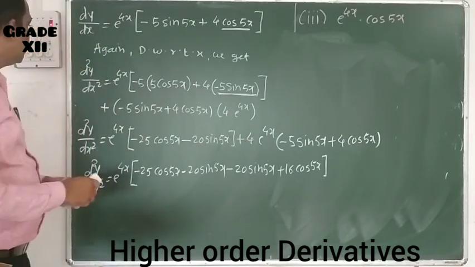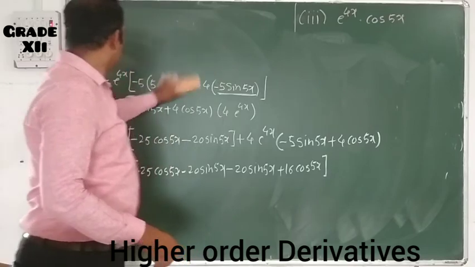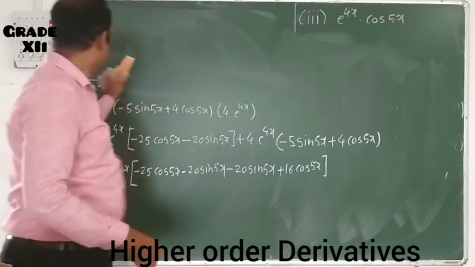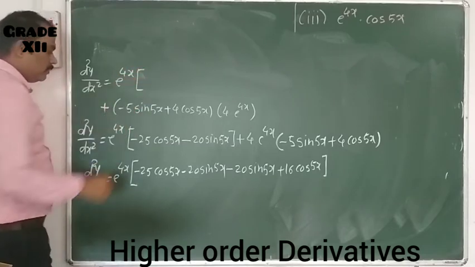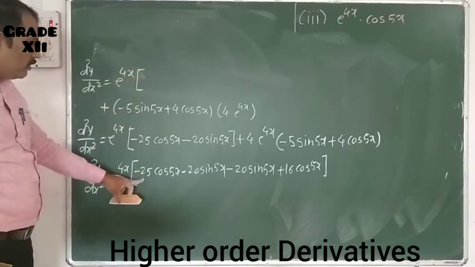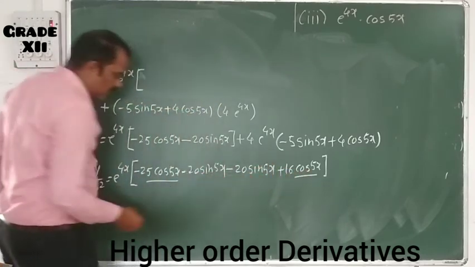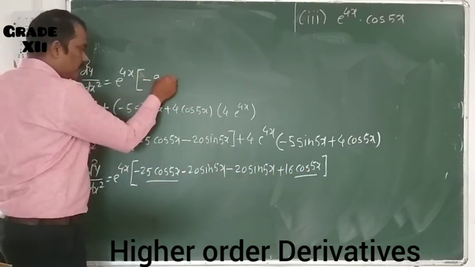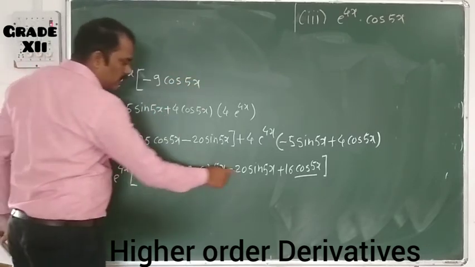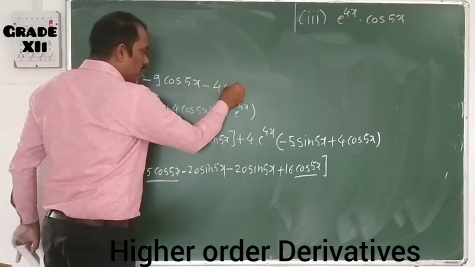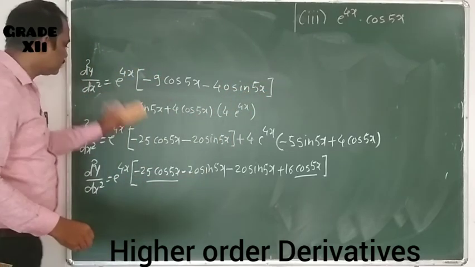You can simplify this one as e raised to 4x into bracket minus 25 cos of 5x and this 16, that is nothing but minus 9 times cos of 5x. This one is nothing but minus 40 sin of 5x.